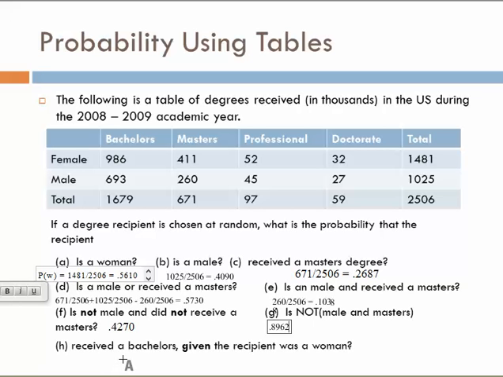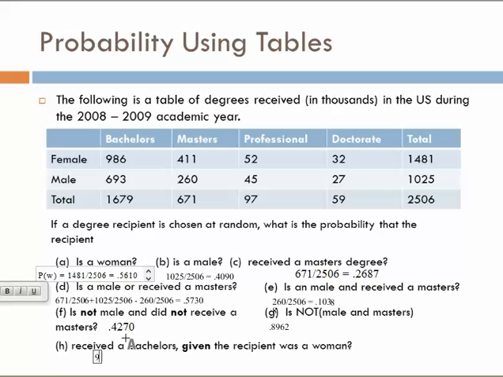So when we're asked, what's the probability that somebody received a bachelor's, we're only going to take into account female bachelors because we're given already that we're only dealing with females. So here it changes, first of all, the top number. We don't take males into consideration.